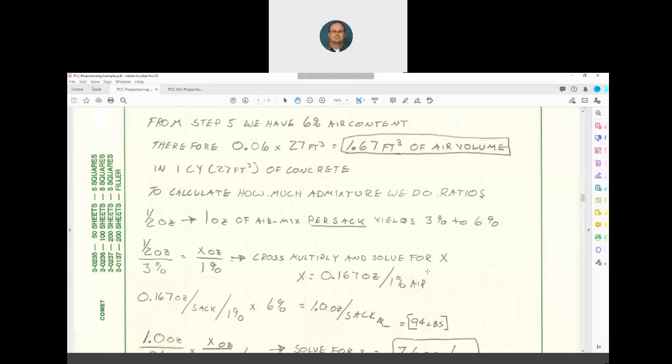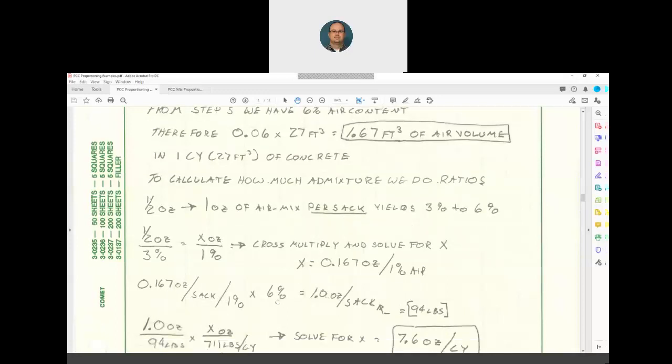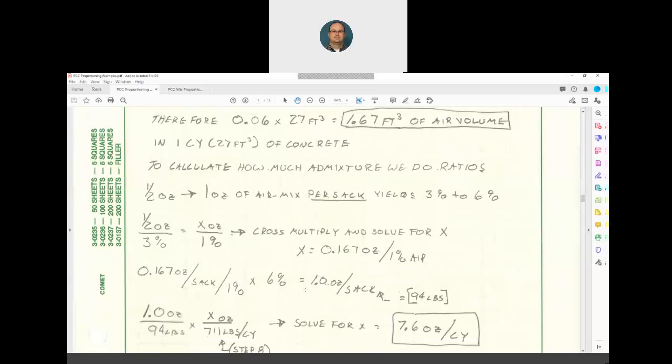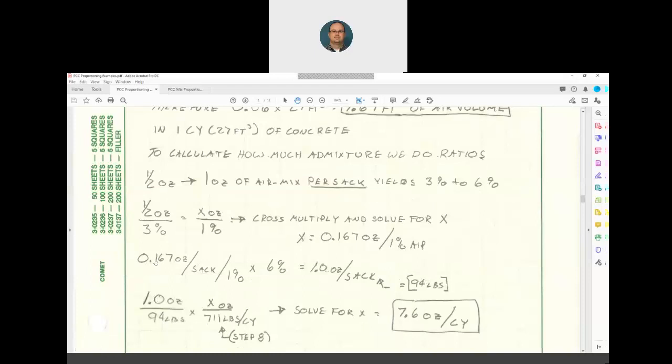So 0.167 ounces per sack per 1% times 6% equals 1.0 ounce per sack, which equals 94 pounds. So when I multiply 0.167 times 6, I get 1.0. Okay, all right.